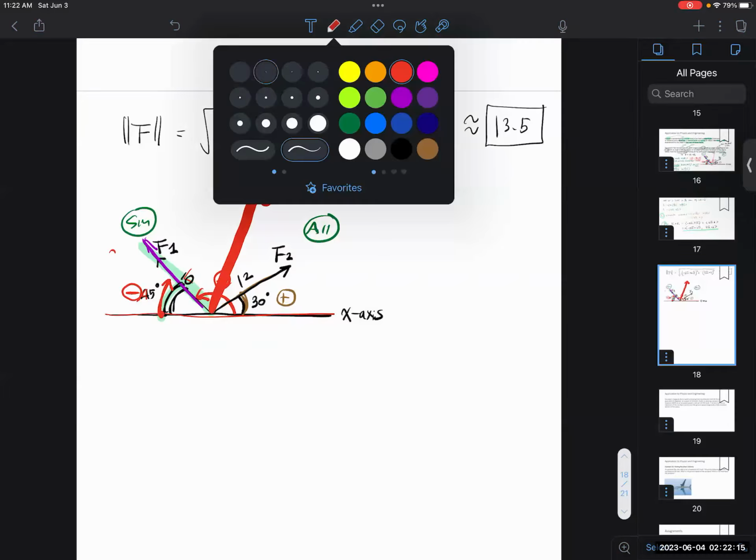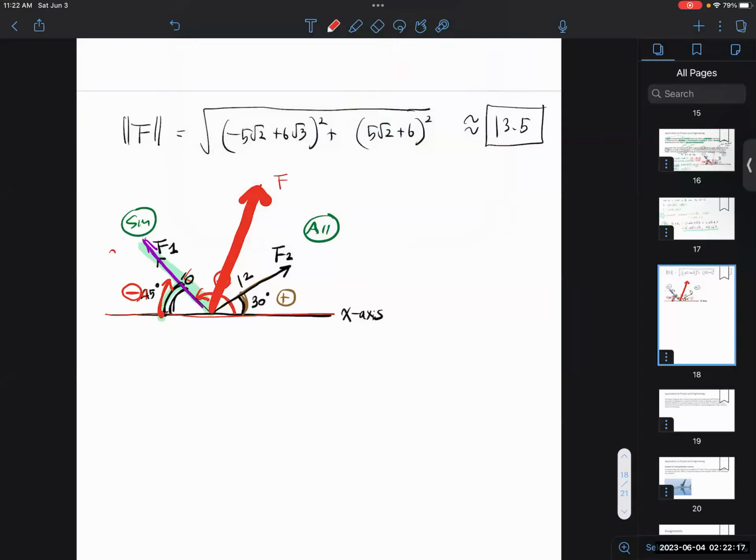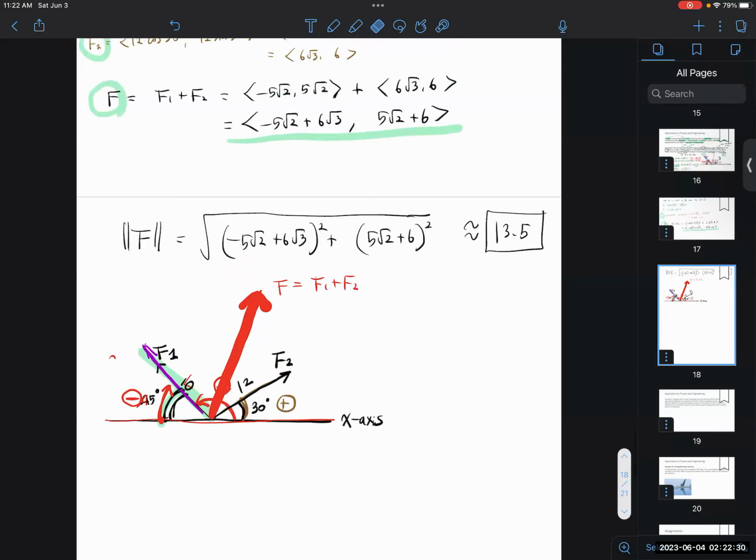We found that this is the force F1 plus F2. Am I correct? So we know F1 and F2. Let me get rid of this. And then we know where the force is. We found the magnitude and we got each F1, F2, and F vector.